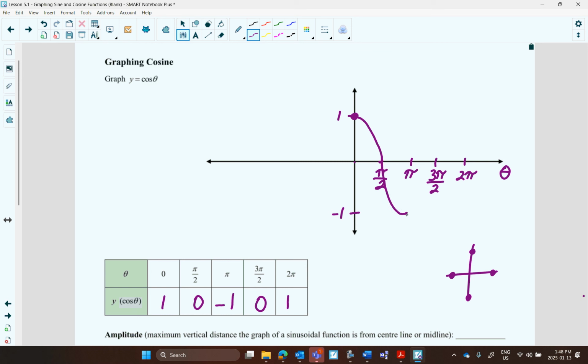And then it's going to go further down and bottom out at negative 1. And then it's going to come back up to the x-axis. And then it's going to return to its original starting point. And of course, they go on forever. So we could go into the negatives, we can continue going on to the positives, but that's one cycle of cos. So sine starts in the middle, cos starts up high.